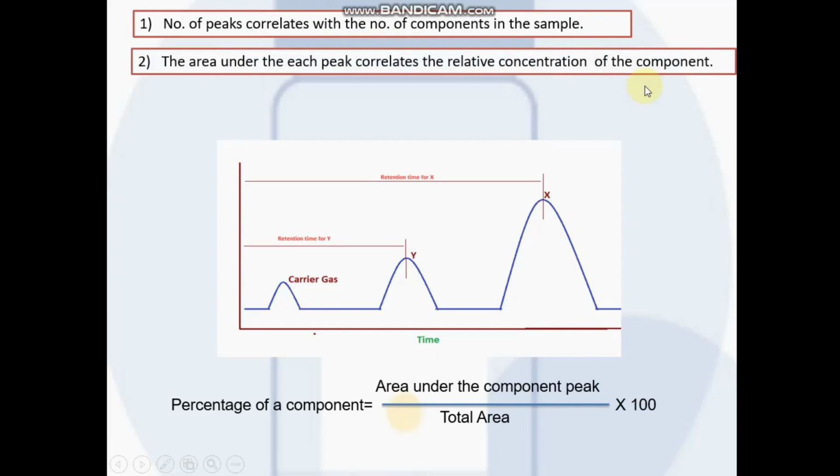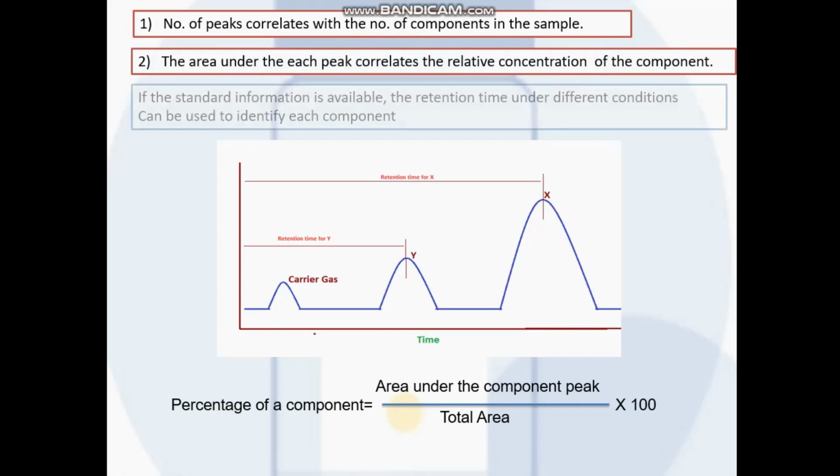The area under each peak correlates with the relative concentration of the component. If the standard information is available, the retention time under different conditions can be used to identify each component.